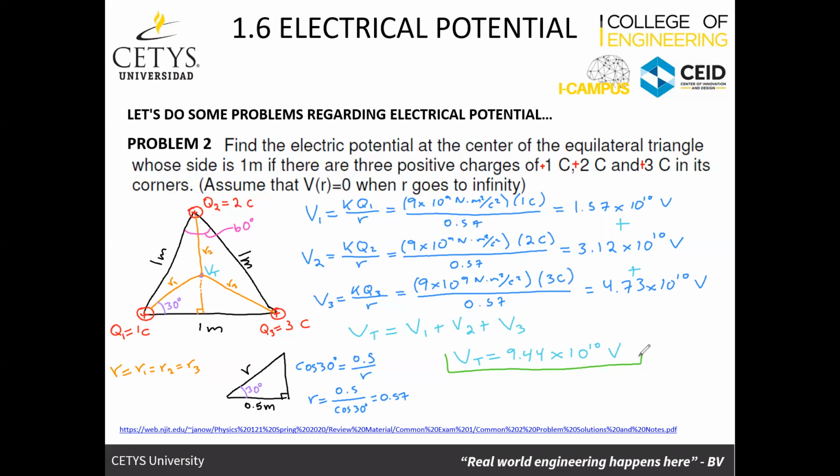And I place myself here in the middle. So that's the energy that I require here. There are three charges pushing me back. But if I change one of those charges to a negative charge, suddenly there are two charges pushing me back and one charge attracting me. So in theory, I should need less energy to be able to move to that point.